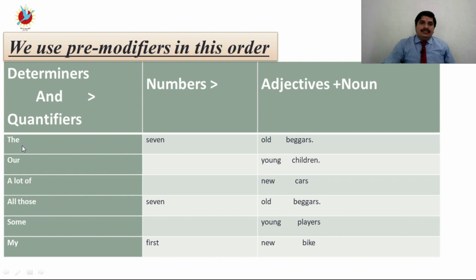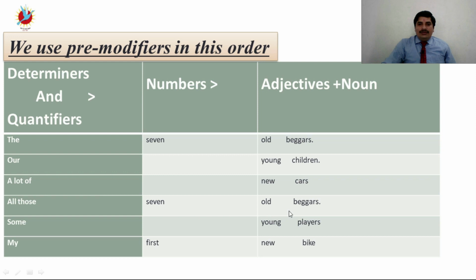The is a determiner, 7 is a number, old is an adjective and beggars is a noun. The 7 old beggars. Determiner, young, adjective, children: the young children. A lot of is a quantifier, telling us about the quantity of something. New is an adjective and cars is the noun. So, a lot of new cars.